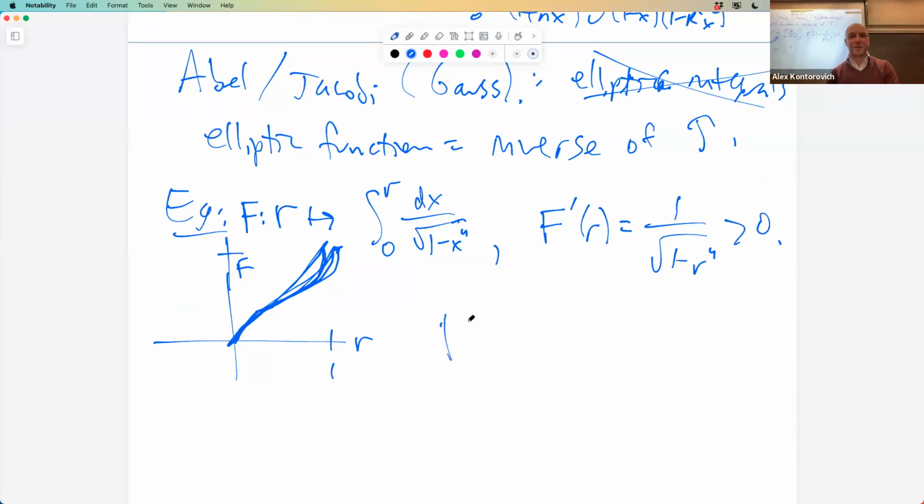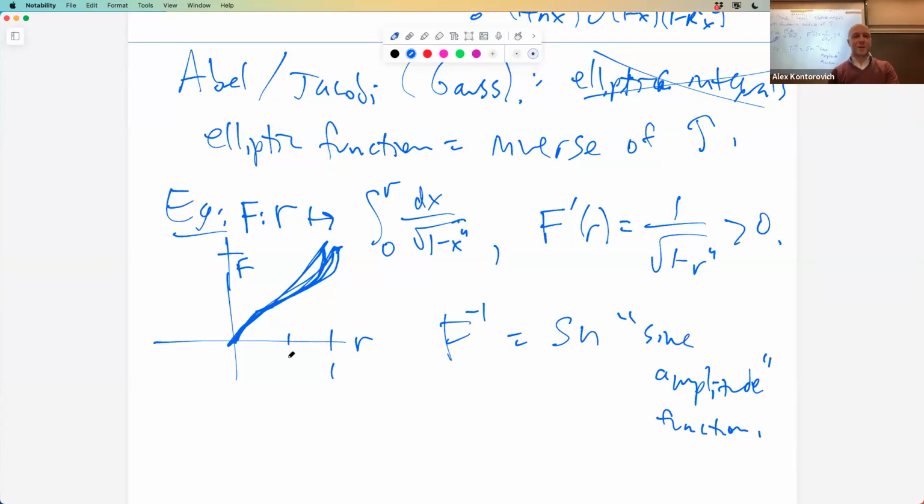So the inverse function, Jacobi called it the sine amplitude function, again, for complicated reasons.